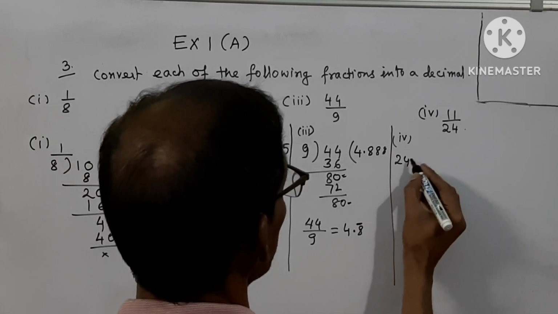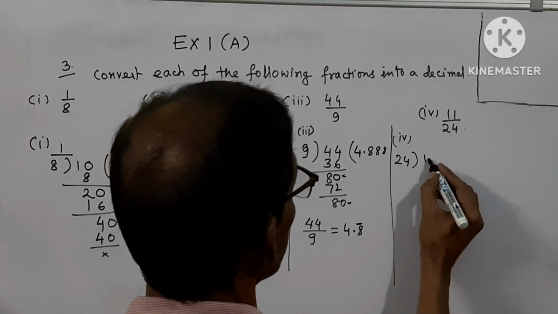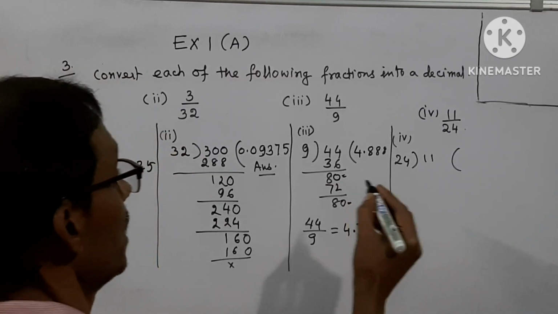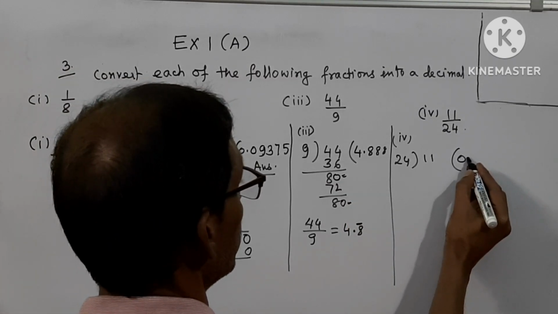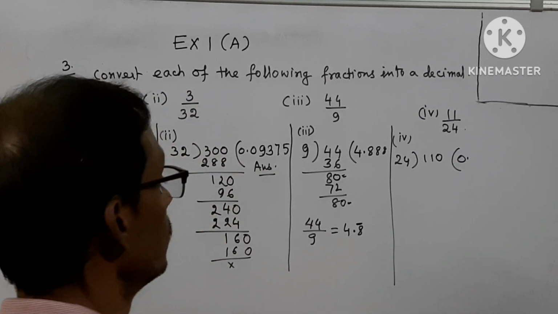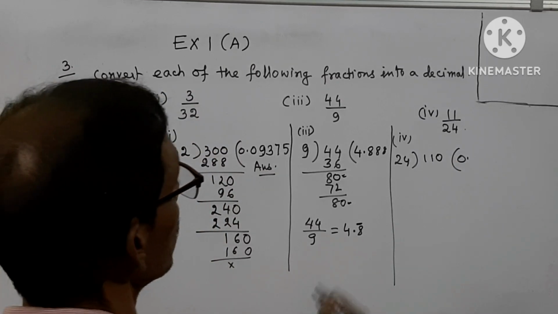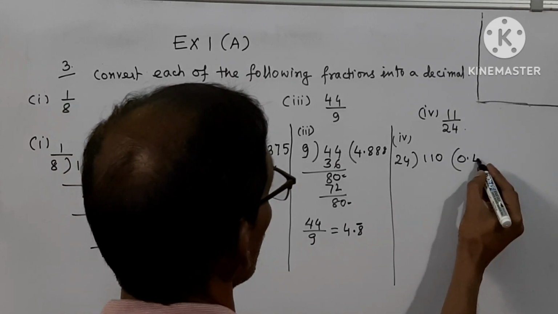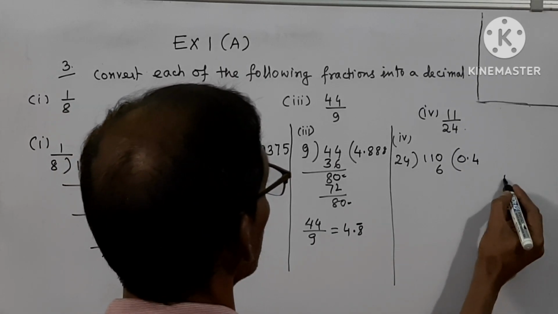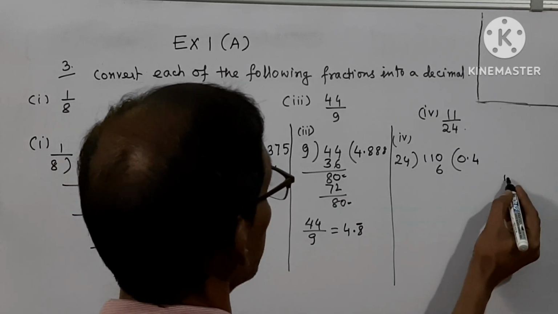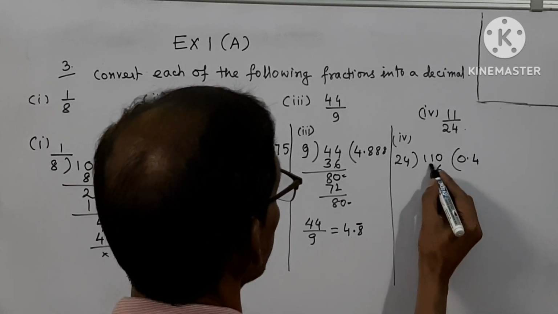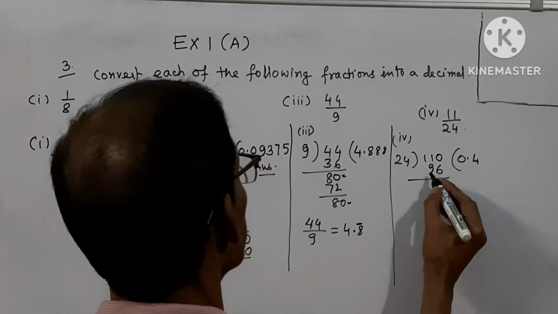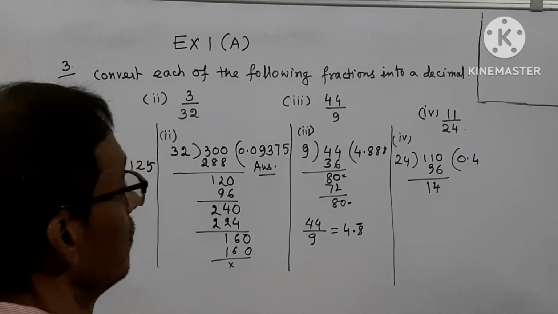Number 4. 24 is the divisor and 11 is the dividend. Now again you have to put a 0 point and then put a 0. If you try with 4, 4 4s are 16, 4 2s are 8, 8 plus 1, 9. 4 and carry 1, 9, 10, 11, 14.